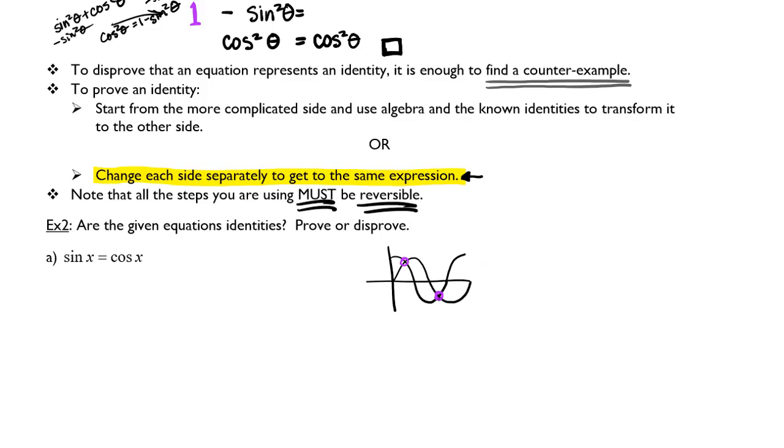So if you don't luck out and find the exact place where they equal each other, you're going to show that they don't equal. So if I pick pi as a substitution, I can show that at pi, sine and cosine do not equal each other. And that's enough to disprove the claim that they're identities.